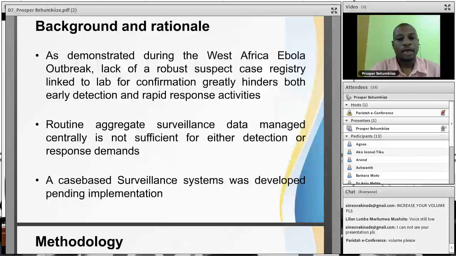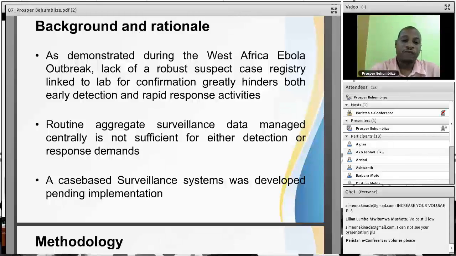As demonstrated by the Ebola outbreak in West Africa, which is very fresh in the minds of so many of us involved in surveillance and infection control, it was really highlighted that the lack of a robust system to quickly identify suspected cases and link them to the lab was responsible for the rapid spread and the challenges in eliminating the disease.